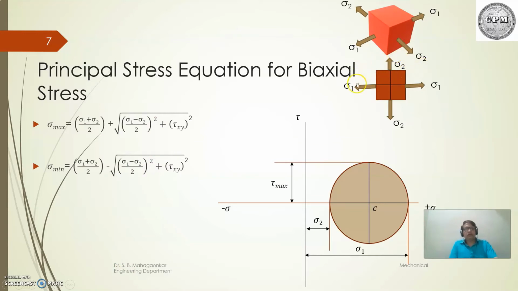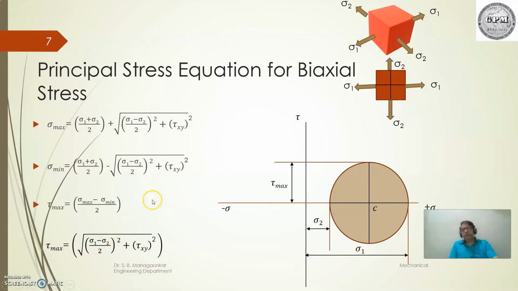That I have not shown here, so that part we have to show. The maximum shear stress is equal to (sigma maximum minus sigma minimum) by 2. So tau maximum is equal to under root of ((sigma 1 minus sigma 2) by 2) square plus tau xy square.